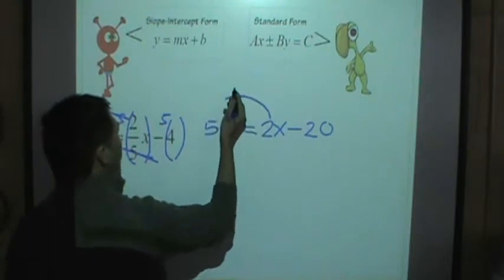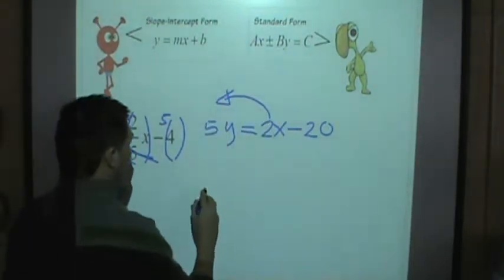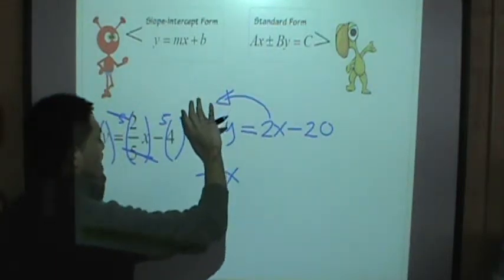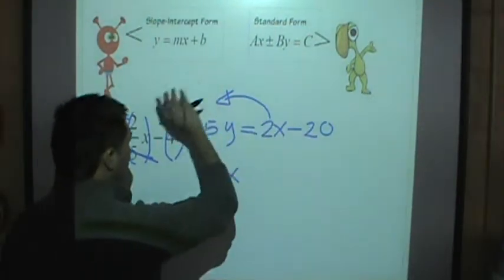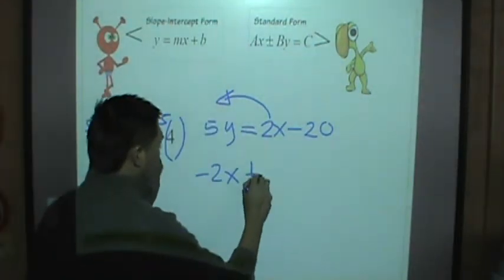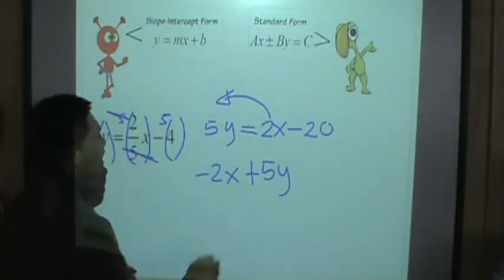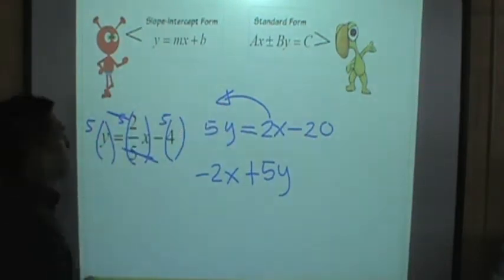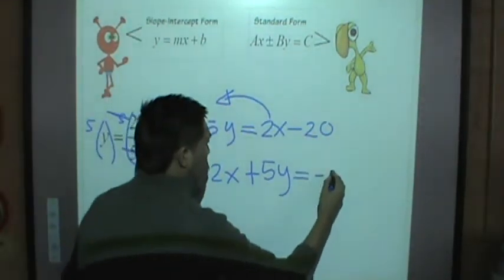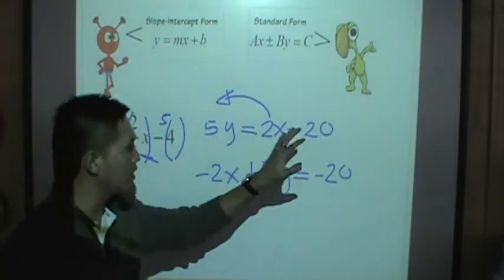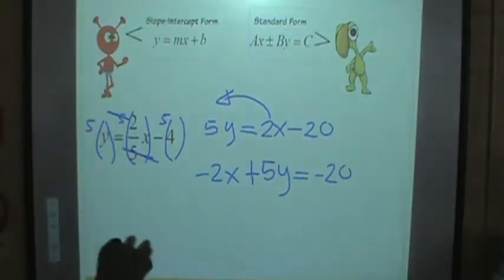So I'll go ahead and move that 2x over to the left. So that becomes -2x. When you move a term over the equal sign, you have to change the sign. It's positive, and I make it negative. And then I'm just going to write down 5y. I did not change the 5y because 5y is already on the left. I did not change the -20 because I need that -20 over to the right.